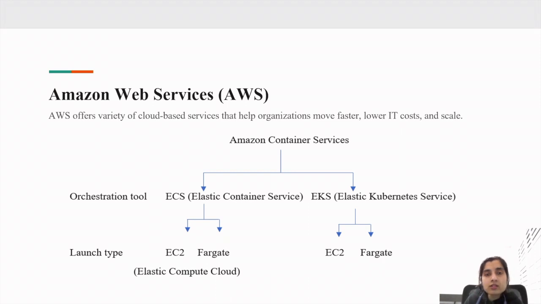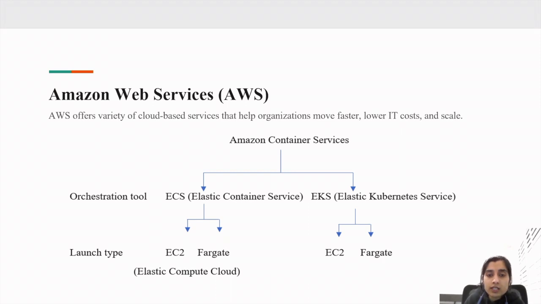Amazon Web Services provides several cloud-based services like storage, computing, security, and management tools, and these help organizations to move faster, provide low cost solutions, and are easy to scale.